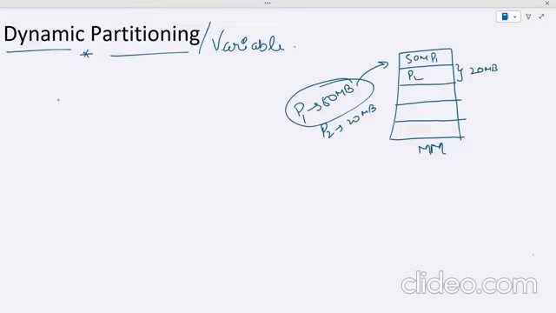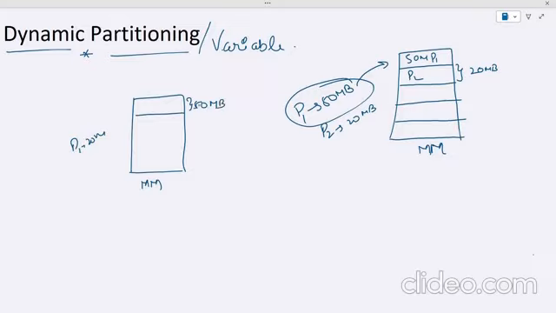Now, it was basically designed to overcome the problem of fixed partitioning, because in fixed partitioning there is a fixed space. Let's say this is main memory, and process P1 is 20 MB while the block size is 50 MB. In fixed partitioning the space is already predefined.